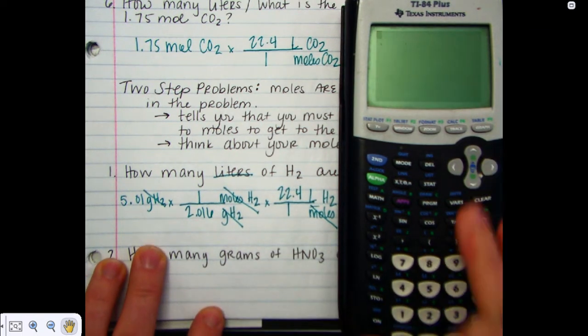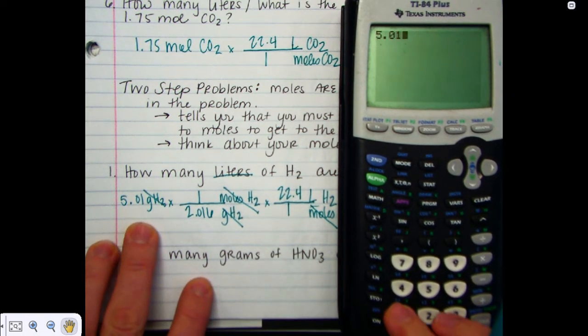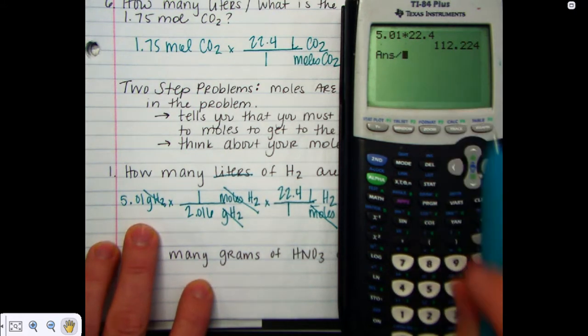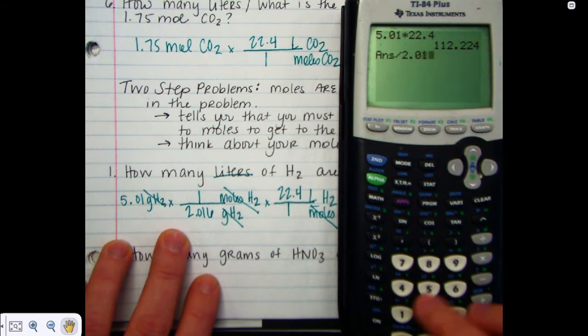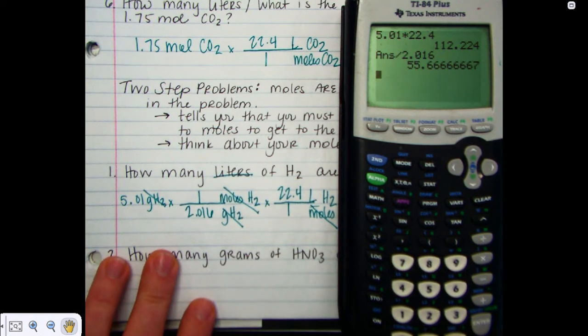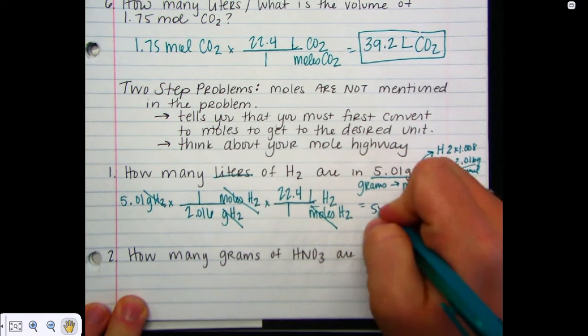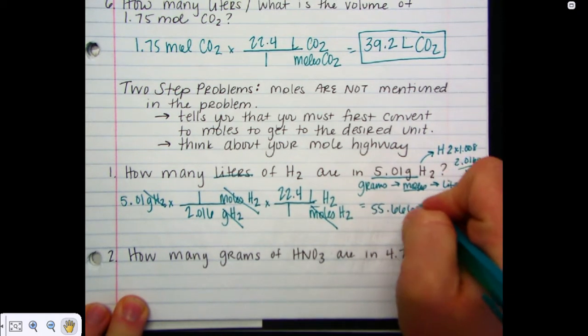So 5.01 times 22.4, enter, divided by, see how it says answer, I just plugged in the number I just generated, 2.016. And that gets me 55.6666 repeating for a while. So 55.66667.